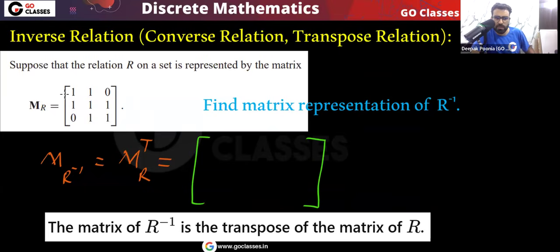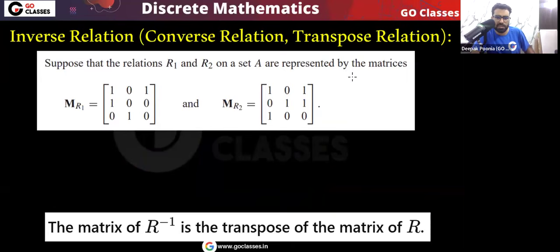Very simple: every row becomes a column and every column becomes a row. The first row becomes the first column, the second row becomes the second column, and the third row becomes the third column. That's it. So this is the matrix representation of R inverse. I hope you understood. Let's solve this question.